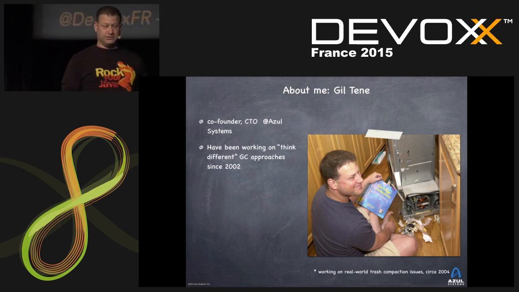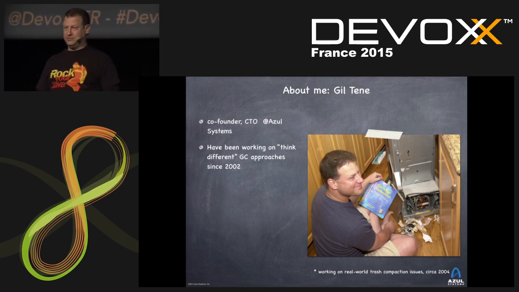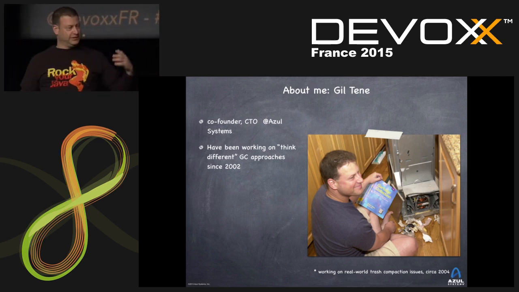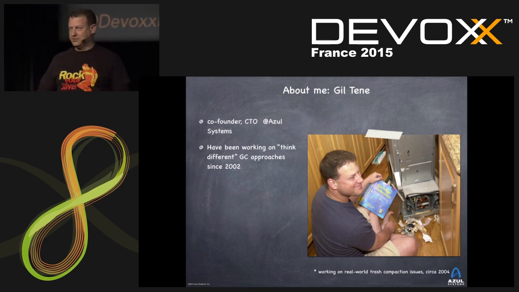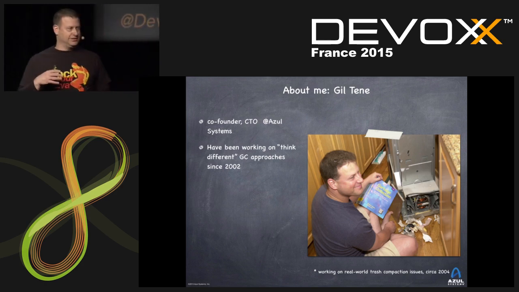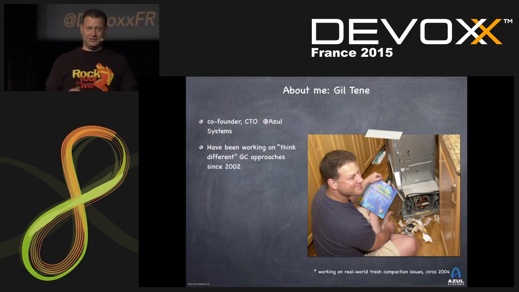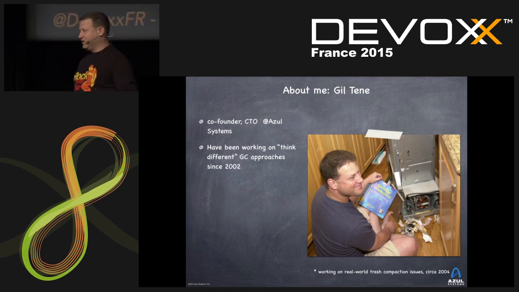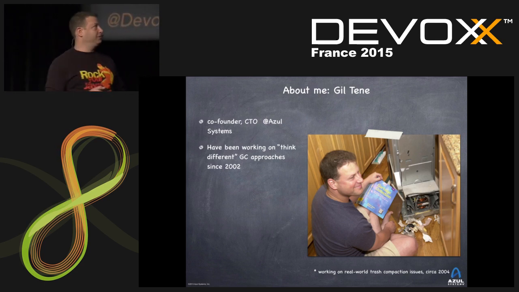There was a bug in it. Fragments were not being defragmented right. I had to open it up and work on it. So I thought it would be funny at the time to take the GC book and take a picture. The most important piece of information here is that this picture is from 2004. So I've been thinking this is weird and funny for a while, and I really do need a new picture. But this talk is not about GC, and this is just some nice background.